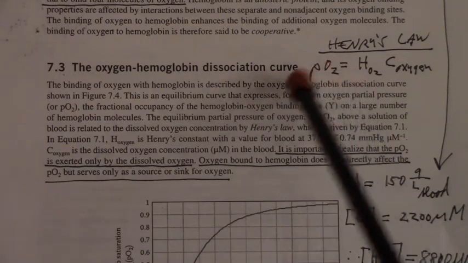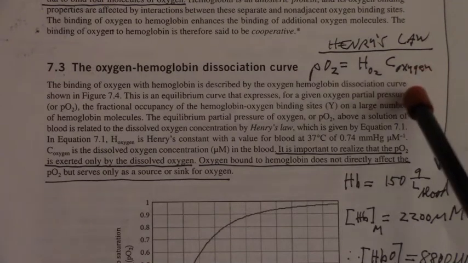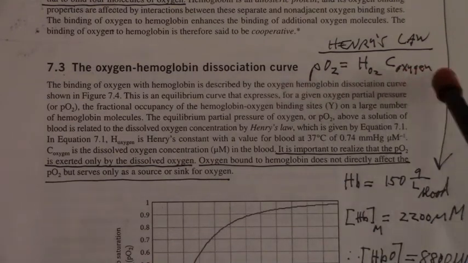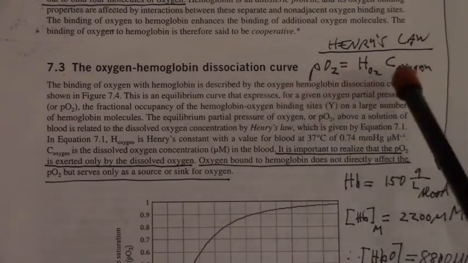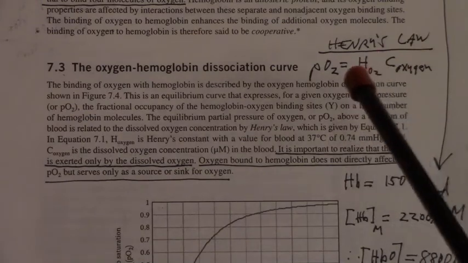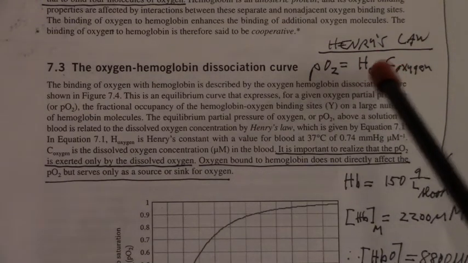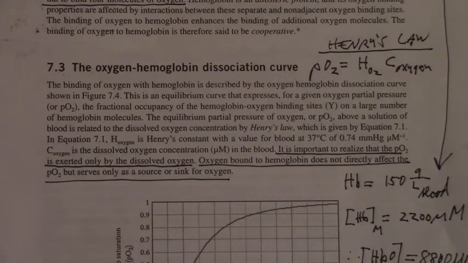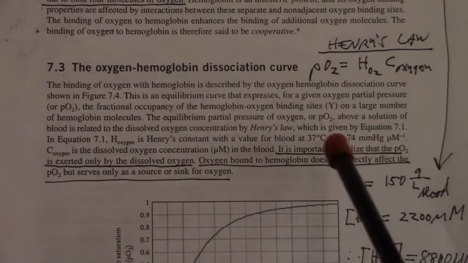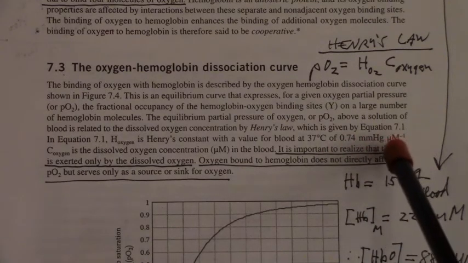Sometimes people talk about the oxygen partial pressure, other times they'll talk about the actual oxygen concentration, and the relationship between those two is given by what's known as Henry's law. The Henry's constant we denote by capital H, and we put a little oxygen or other decoration on there. The Henry's constant for blood at 37 degrees C, a pretty good number for that is 0.74 millimeters of mercury per micromolar.